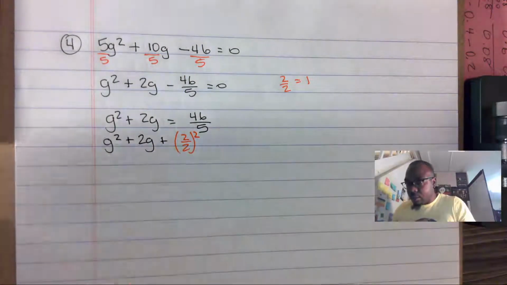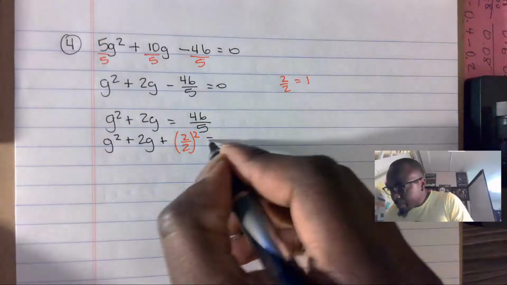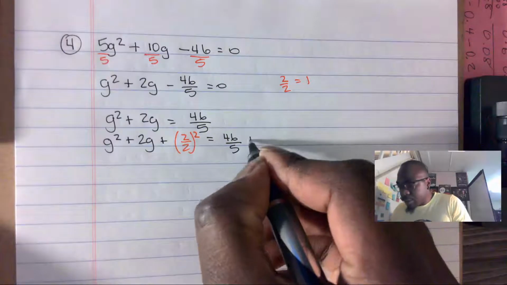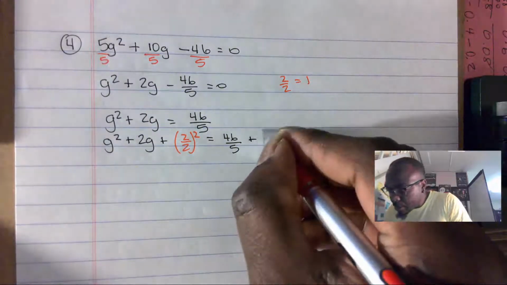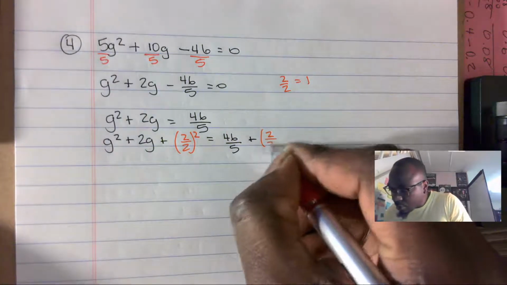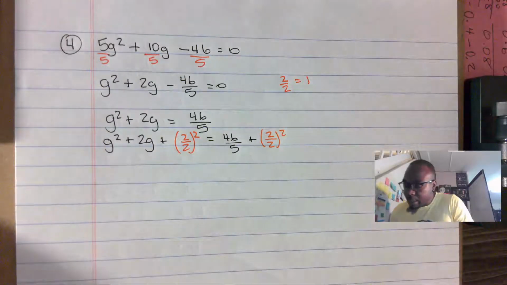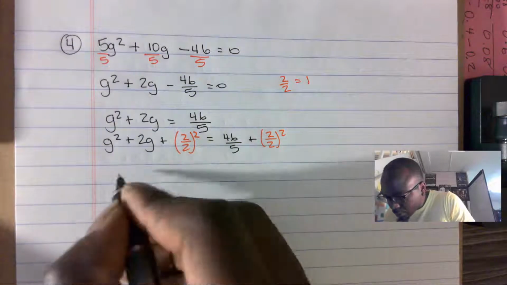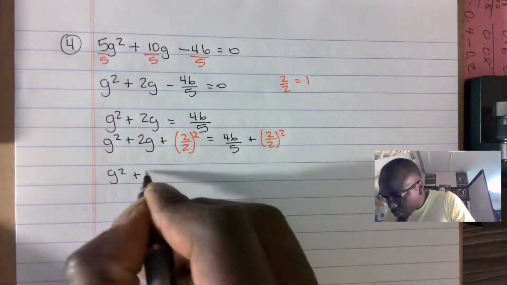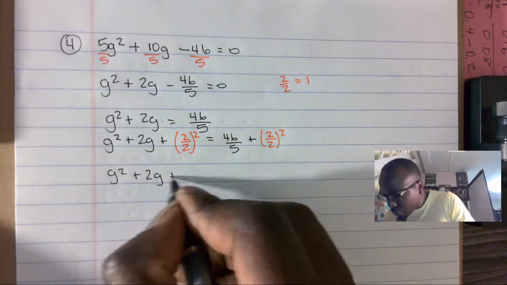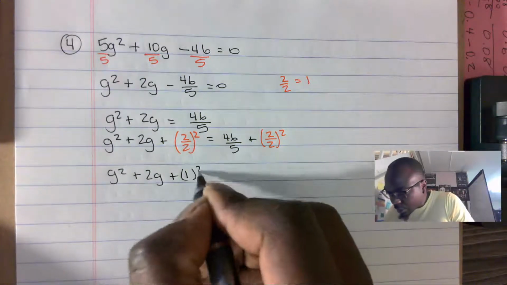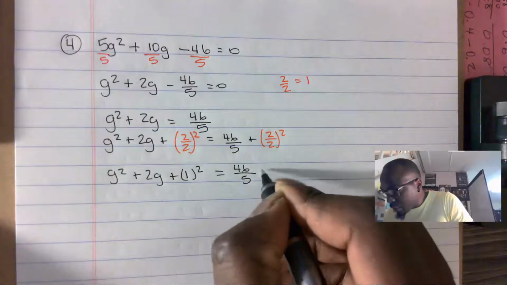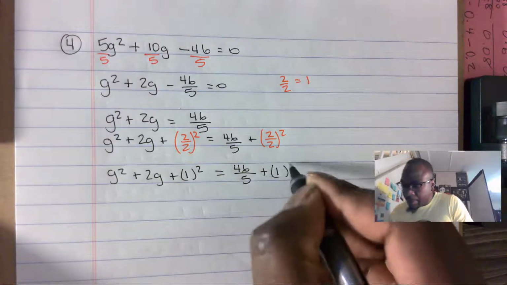So we rewrite this as g squared plus 2g plus 1 squared equals 46 over 5 plus 1 squared.